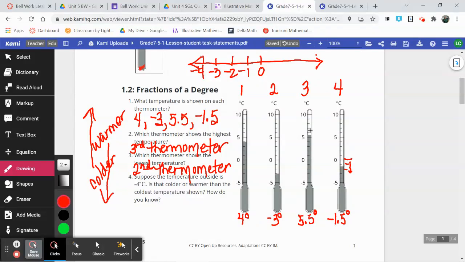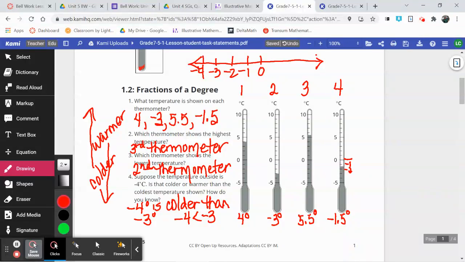Is that colder or warmer than the coldest temperature shown? -4 degrees is colder than -3 degrees. It's also less than -3 degrees. So I know that -4 is less than -3. So that's a good one for you to look at. -3 is warmer because it's closer to 0.